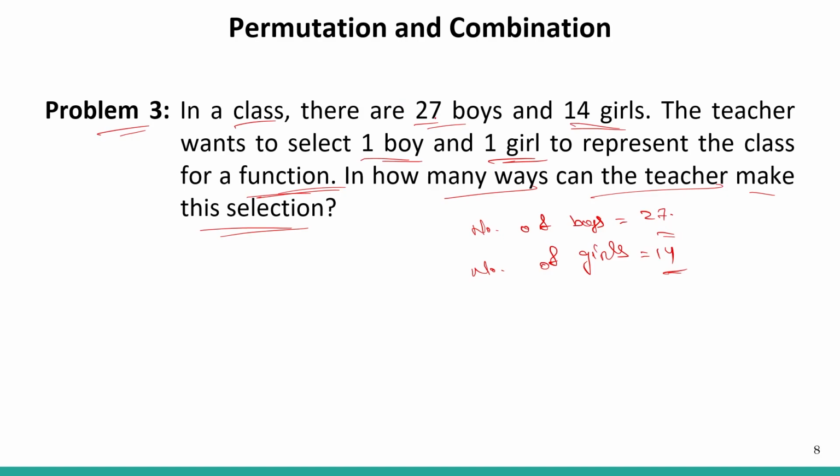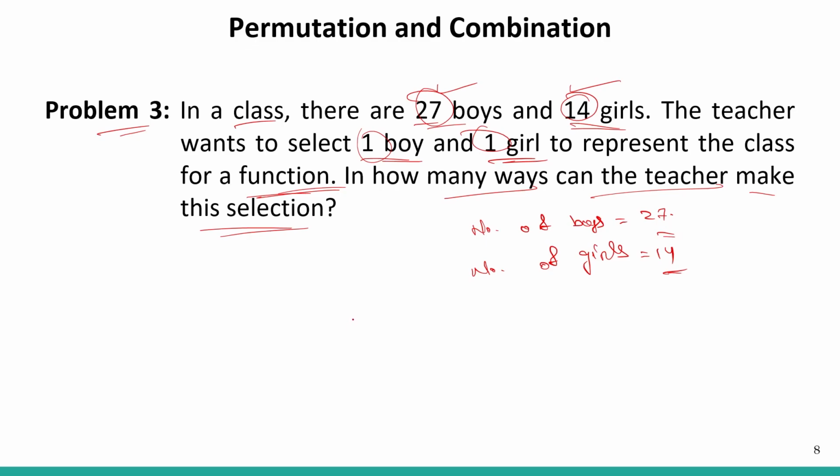So in a class there are 27 boys and 14 girls. The teacher wants to select one boy and one girl to represent the class for a function. How can I choose one boy from 27 boys? Here only one boy is chosen, so permuting doesn't really matter, because we are selecting one, so there is no different order.